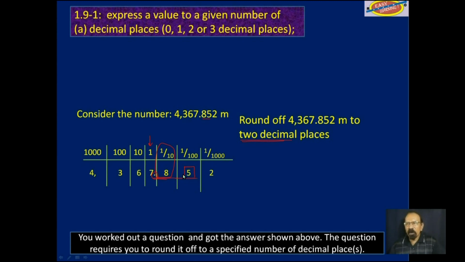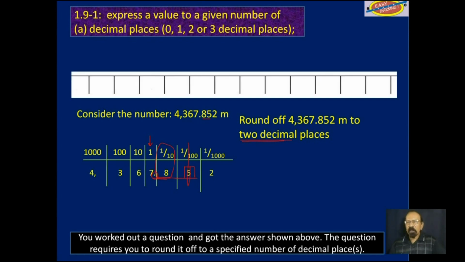So we want to round off at this 5. So let's put that on our number line again. This time we have 4,367.85 here. And over on this side, we have 4,367.86. We will divide the space between them into 10 equal parts.